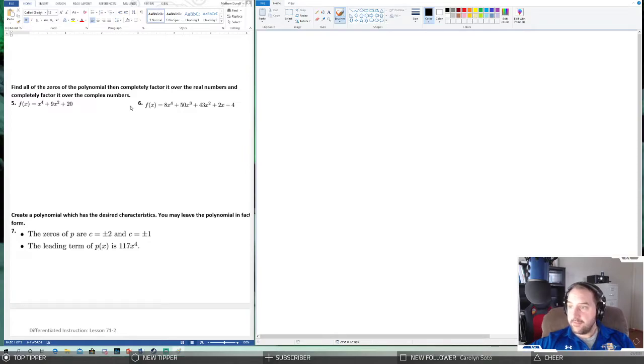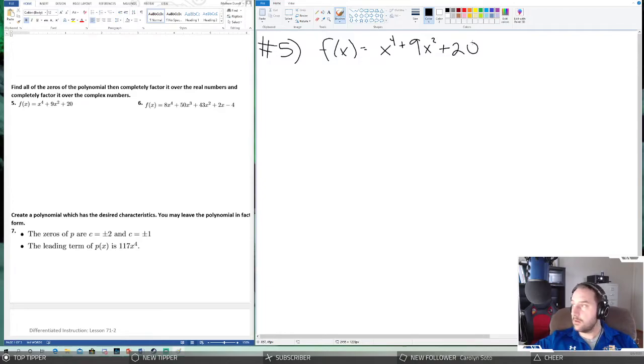Okay, number 5 says find all the zeros of the polynomial, then factor it completely over the real numbers and factor over the complex. So for number 5, we have f of x equals x to the 4th plus 9x squared plus 20. This is a quadratic type equation.